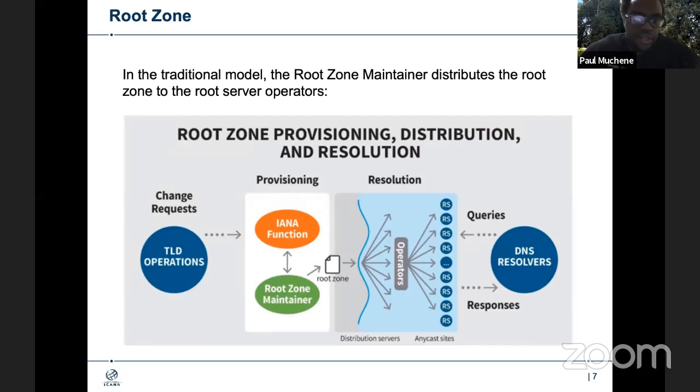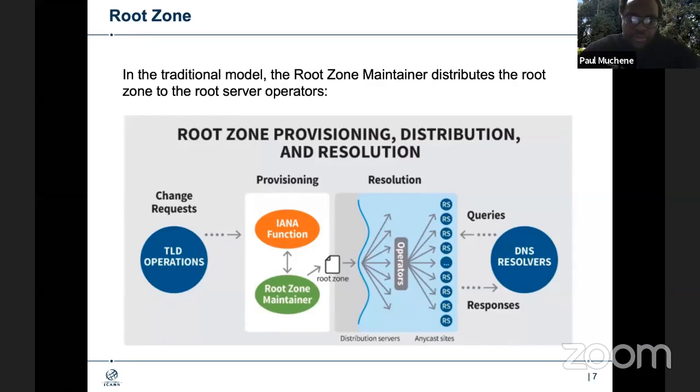Once all that happens, a change request is brought to ICANN through the IANA functions. IANA works hand in hand with the root zone maintainer. The root zone maintainer is a separate party, and currently it is VeriSign.